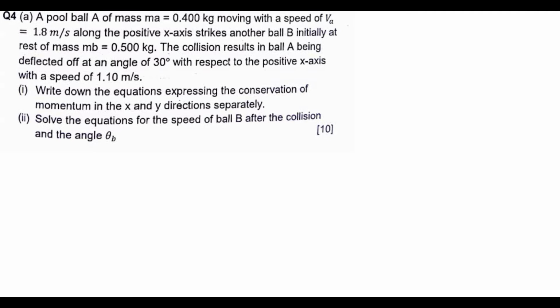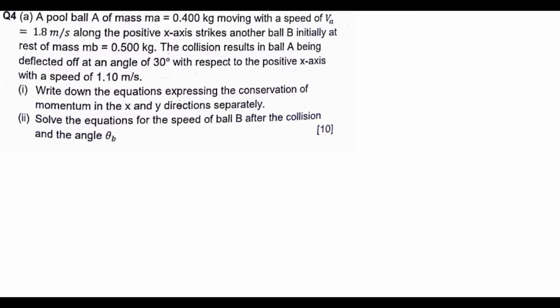Then let's try to solve another question using the same concept from the previous question. The question is: a pool ball A of mass MA equal to 0.400 kg, moving with a speed VA equal to 1.8 meters per second along the positive x-axis, strikes another ball B initially at rest, of mass MB equal to 0.500 kg.